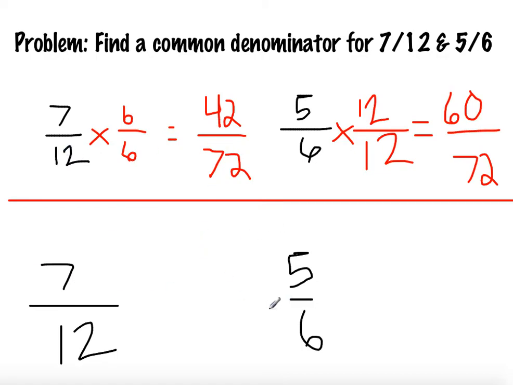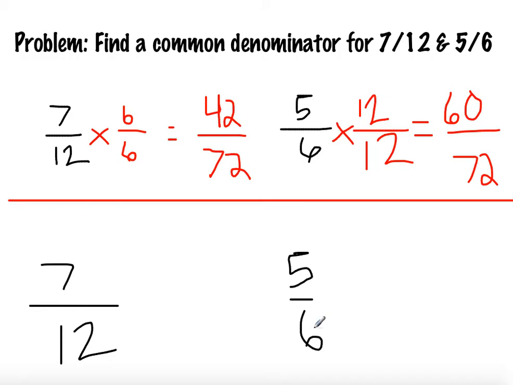That's all I did. But for this one, what you can do is think of a number that's a multiple of the other. So 6 and 12 are multiples of one another, right? 6 is a factor of 12, right? So what I can do then is say, okay, well, how can I turn 6 into 12? 6 times what will give me 12 if I just want to leave this fraction alone and only change another fraction?